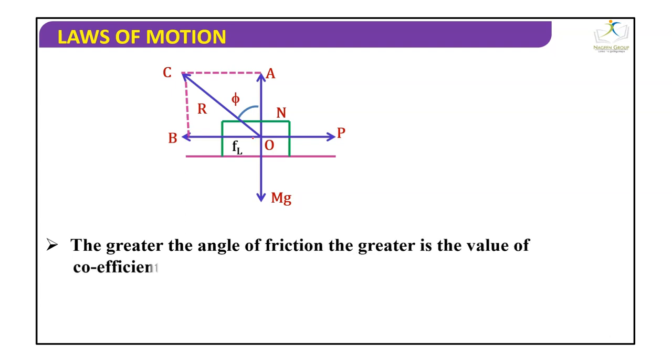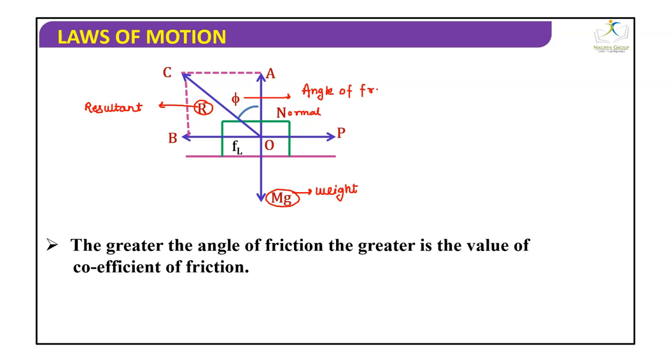Now, from the earlier graph, we can see N is the normal, mg is the weight, R is the resultant, phi is the angle of friction, and FL is the limiting frictional force.